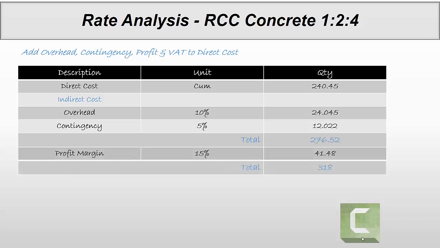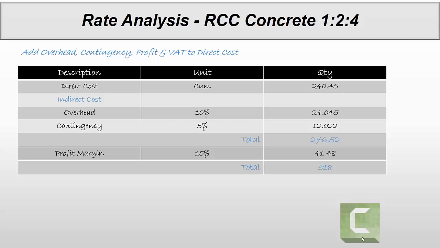Then we add profit margin. The profit margin varies from 10% to 20%. So we will take 15% for profit margin. Profit margin 15% on all the cost, direct cost plus overhead plus contingency. So 15% on 276 is 41.48 riyals. So now total amount is 318 riyals.